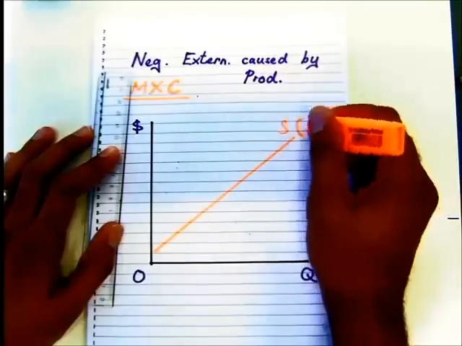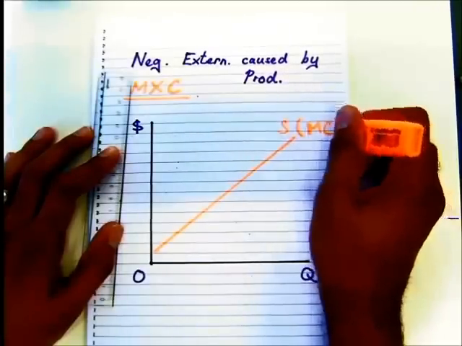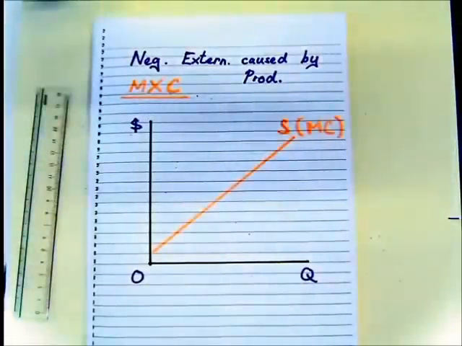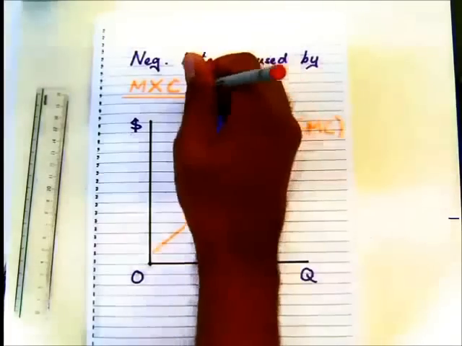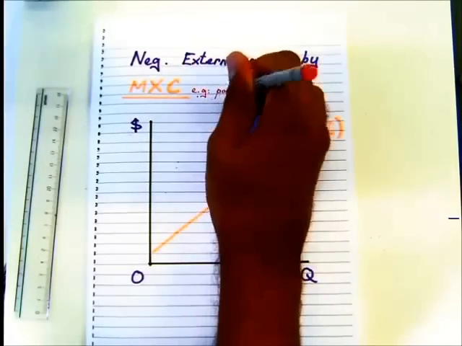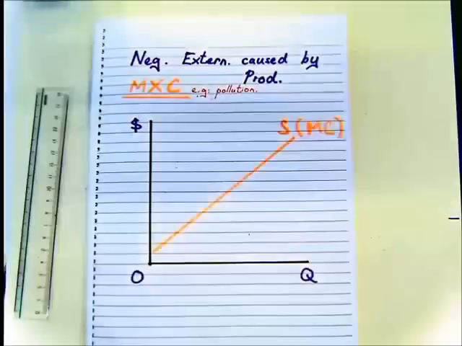Now we know supply is marginal cost. The marginal cost is simply the internal costs of the firm. We haven't taken the external cost, for example pollution, into account.